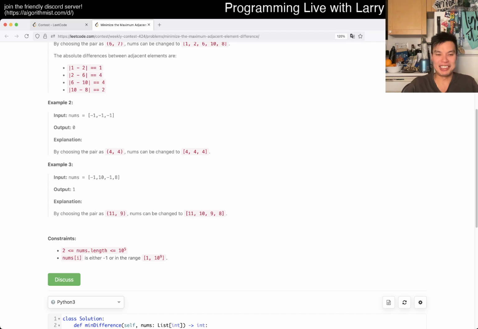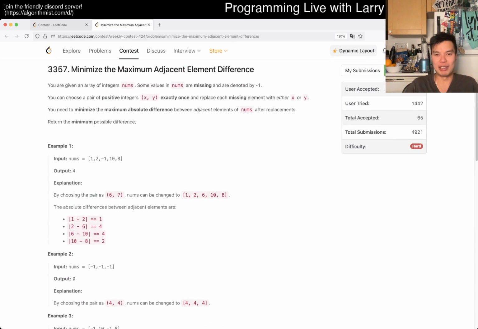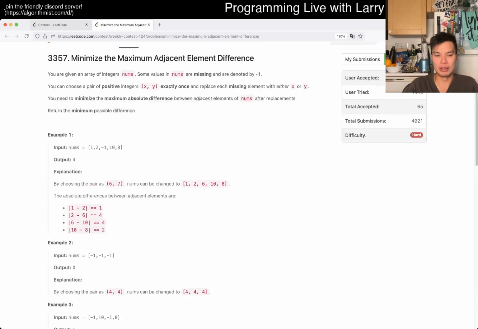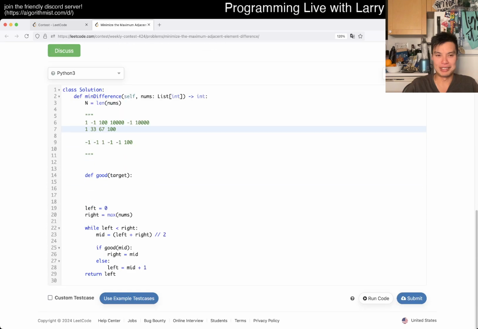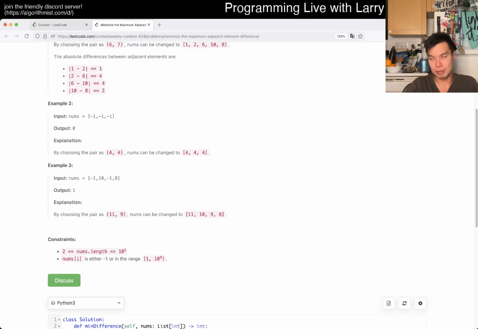Even though these examples are kind of terrible in illustrating what they want you to do, in terms of just understanding, I could never go home or go to sleep early with these contests anymore.